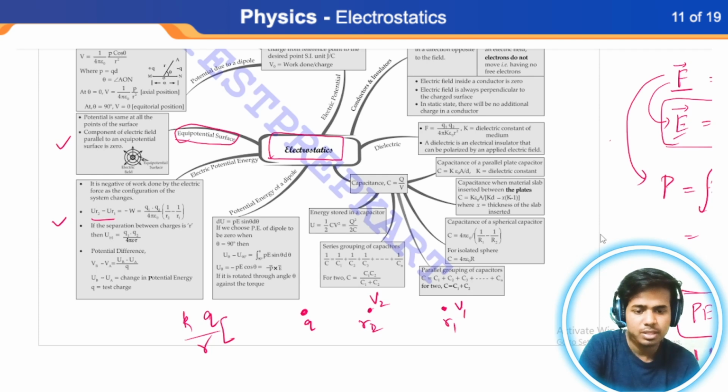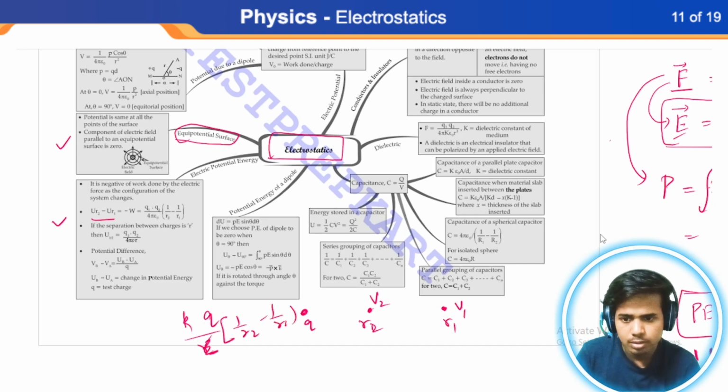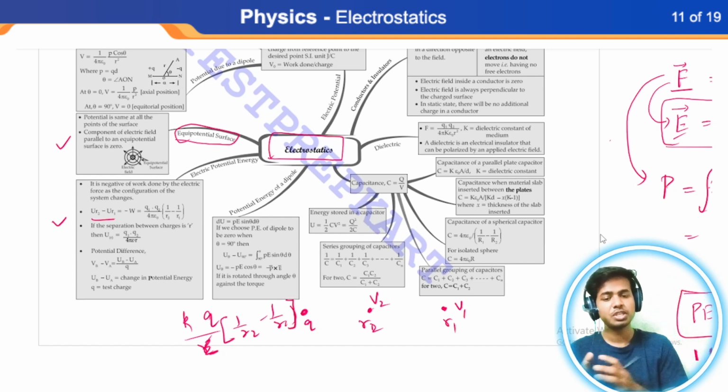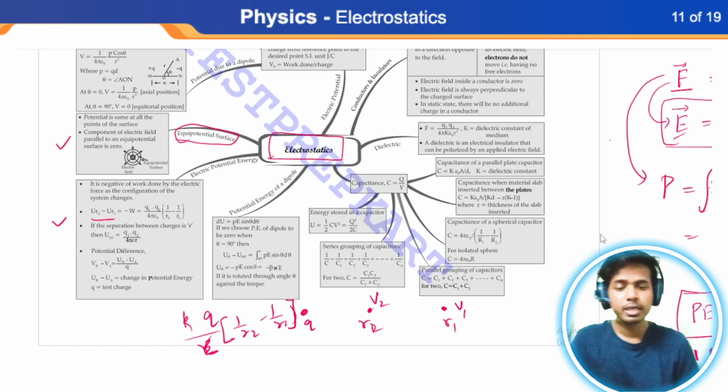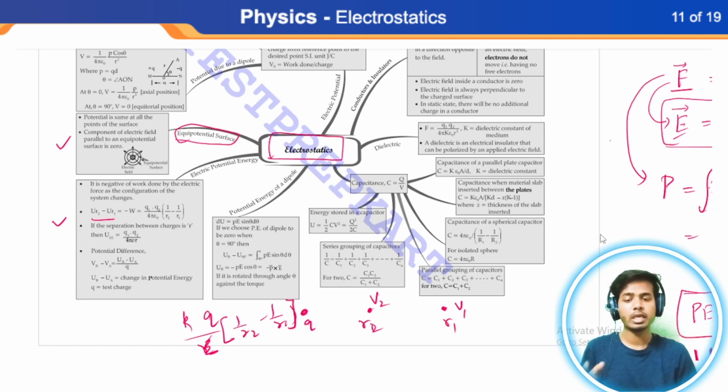So potential can be written in the format of kq upon (1 by r2 minus 1 by r1), right? So basically potential difference can be written in this format, v1 minus v2, expressing v1 as kq upon r, where kq can be taken as a constant and taken out.